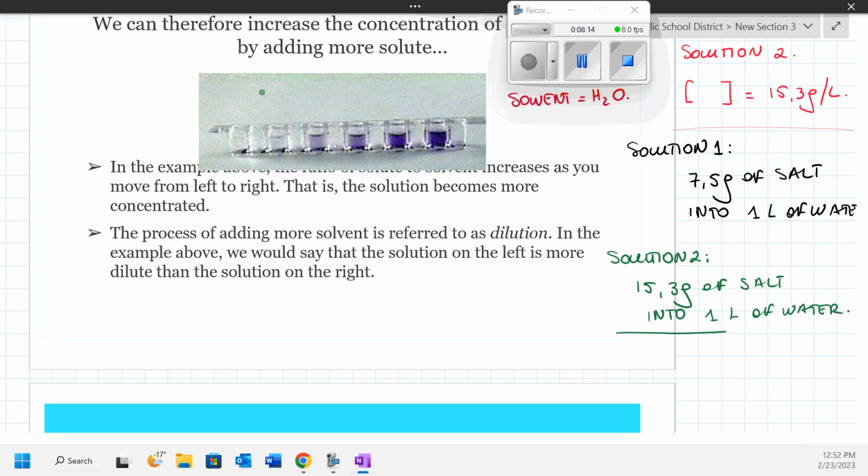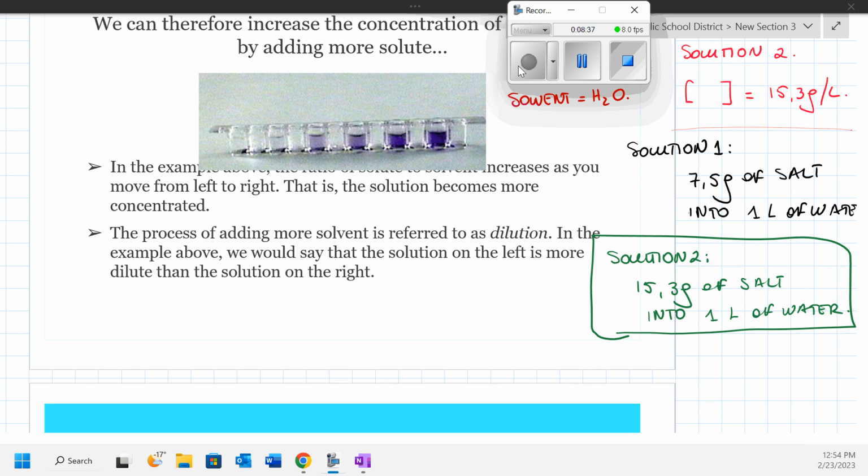So as you see here, solution 2 is, we use the expression, more concentrated. And usually, if the solute has a color, then the more concentrated the solution is, the darker the color is.